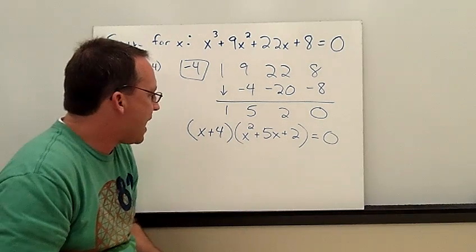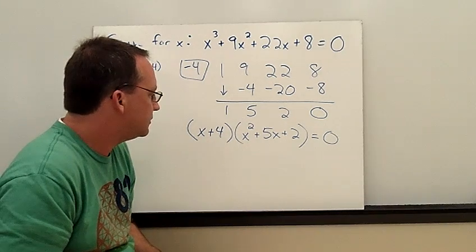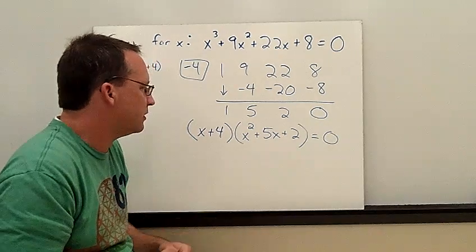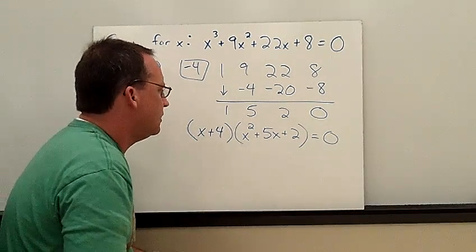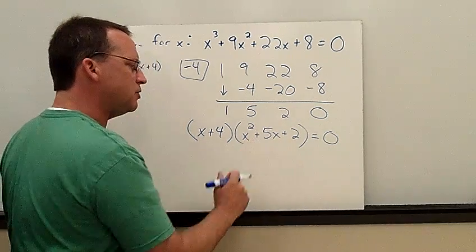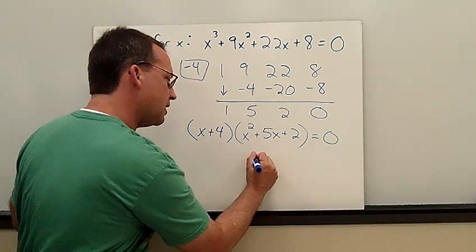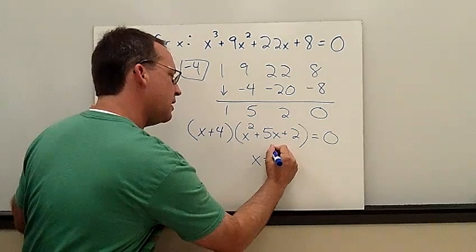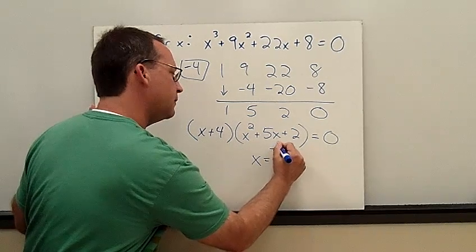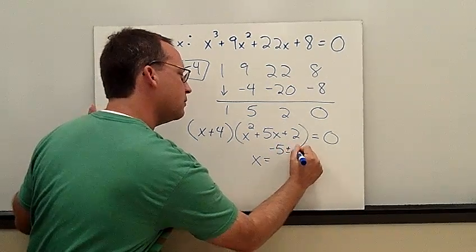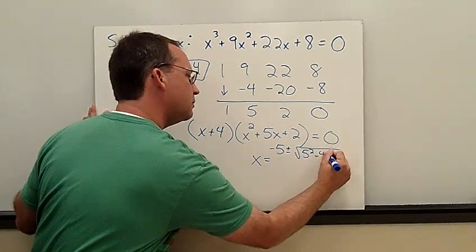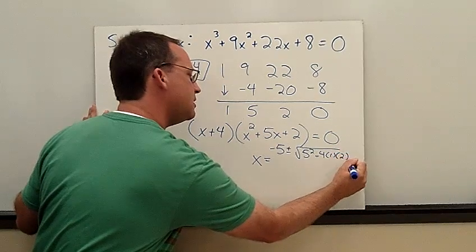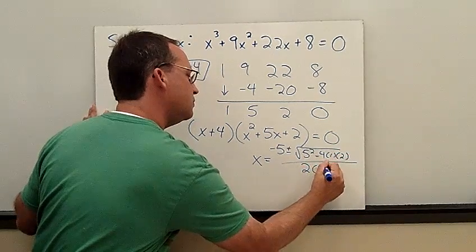I don't think this is going to factor, though. It doesn't look like I'm going to get any factors there. You can tinker around with it if you want, but I don't see any factors that are popping out. So I'm going to do this with the quadratic formula in this case. I'm going to do negative b plus or minus square root b squared minus 4ac over 2a.